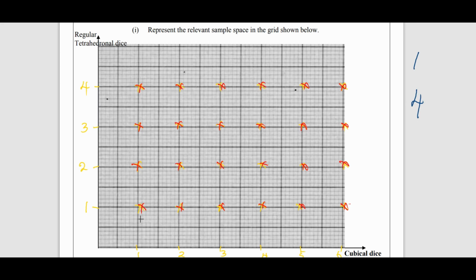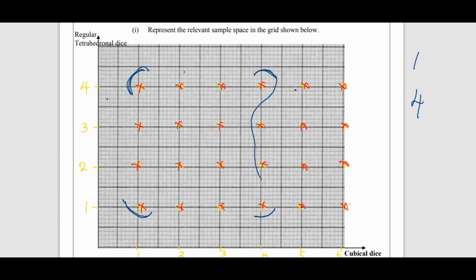Then it should be 1 and 1. It should be 1 and 4 also, and it should be 4 and 1 and 4 and 4. Those are the only square numbers we can get in these dice. Then we have to encircle those.